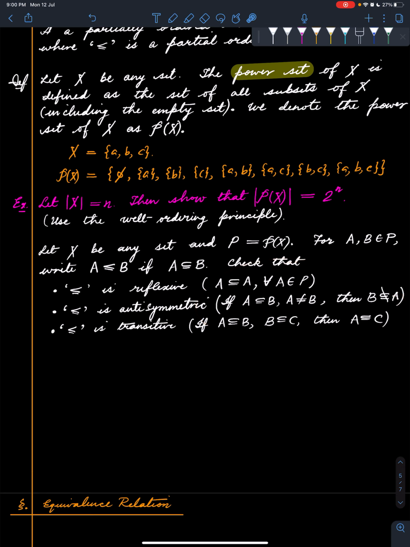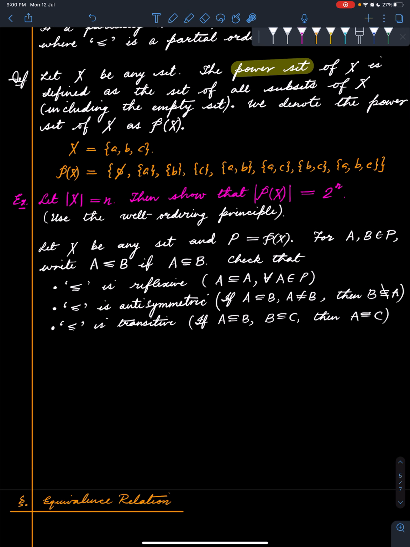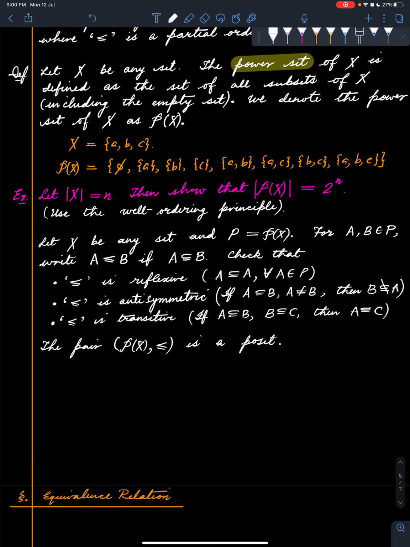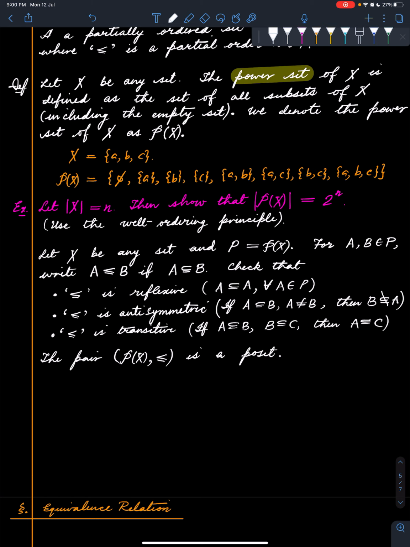Basically you need to verify that all these three things are holding. And now finally the pair, let me use this symbol, is a partially ordered set. Right? So that's a very, very nice example of a partially ordered set.